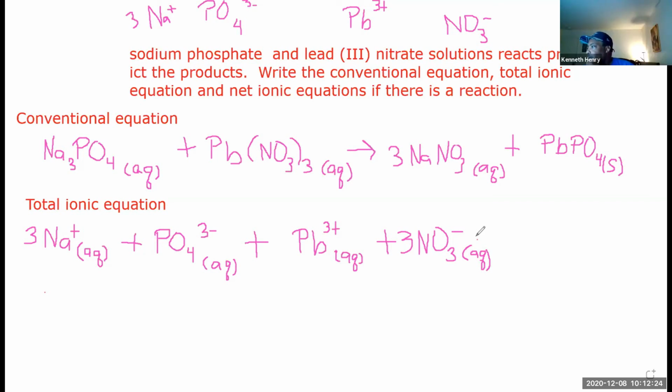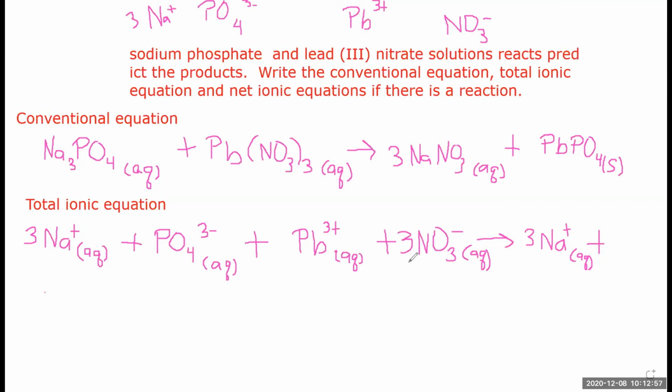Okay. And we're making this guy here. Sodium with a +1 charge. We have 3 sodiums with a positive charge. And 3 nitrate with a negative charge.